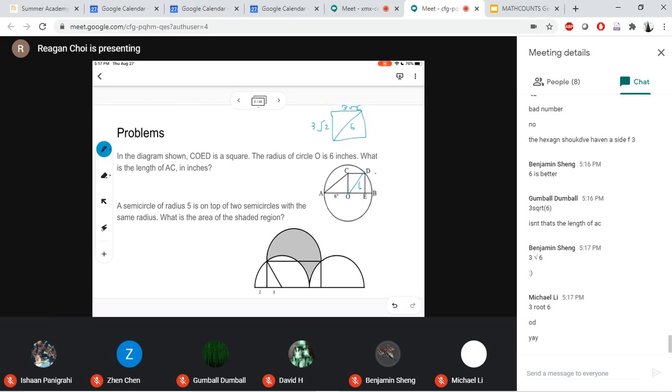So then you get CO is 3√2, and you get AC squared equals 6 squared plus (3√2) squared, which becomes 54. So AC equals 3 root 6. Any questions?